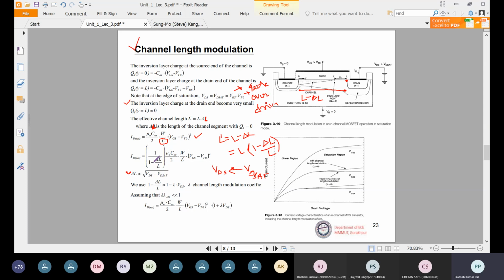Once we take it upper side, it will become 1 minus delta L divided by L to the power -1. ठीक है, जो ये पार्ट है हम इसको अगर ऊपर में ले आए, 1 माइनस डेल्टा एल डिवाइडेड बाई एल को अगर हम ऊपर में ले आए, तो it will become, 1 minus delta L divided by L to the power -1, ऐसा भी हम लिख सकते हैं इस वाले टर्म को.